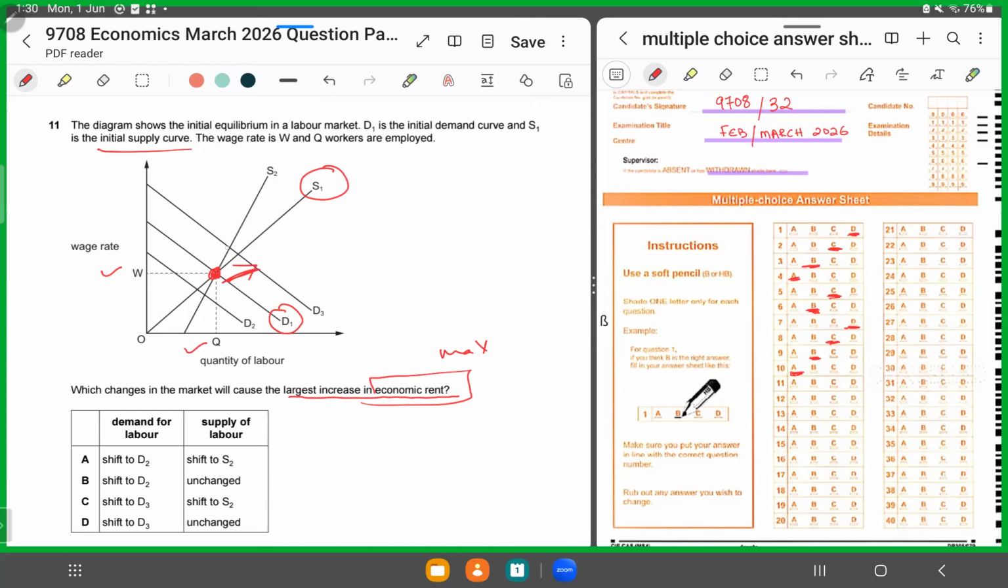If you want to maximize the region, because it's an area above the supply curve, to be the largest, you should shift the supply curve leftward. So let's move towards S2 and the demand curve should be towards D3. So let's see if we've got an option like that. So yes, it's a shift to D3 and a shift to S2. So for 11, we'll put in C as our correct answer.